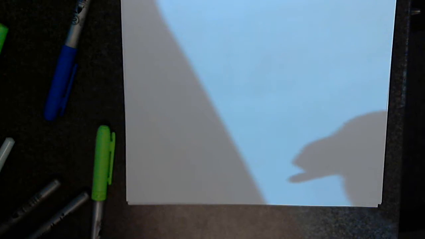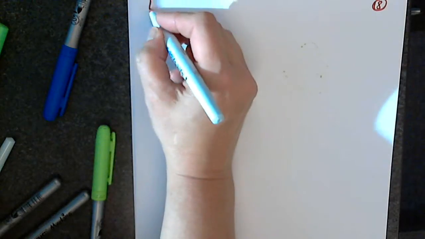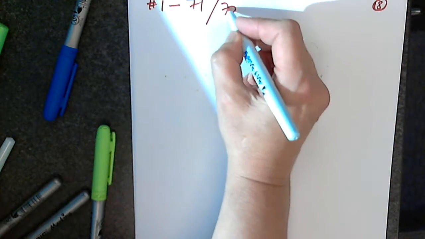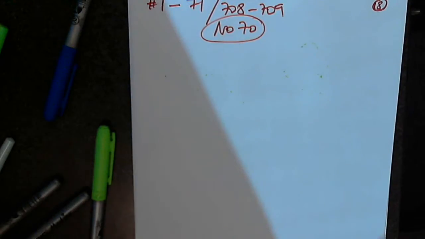So please, if you have your book, I'm looking at the review problems. Between now and Monday, I highly recommend you do problems 1 through 71, pages 708 and 709, and you will be super prepared for the test. You do not have to do problem 70. I'm sorry, no 70.